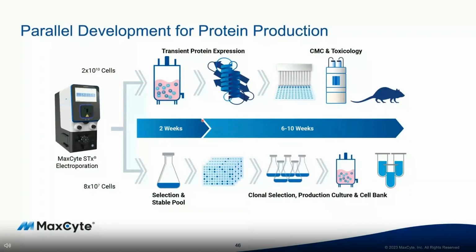With protein production, as I mentioned before, if you can electroporate a large number of cells, for example, CHO cells, you can generate transient materials. At the same time, you can take a portion of those cells to produce either your stable pool, mini pools, or single cell clones to save time.